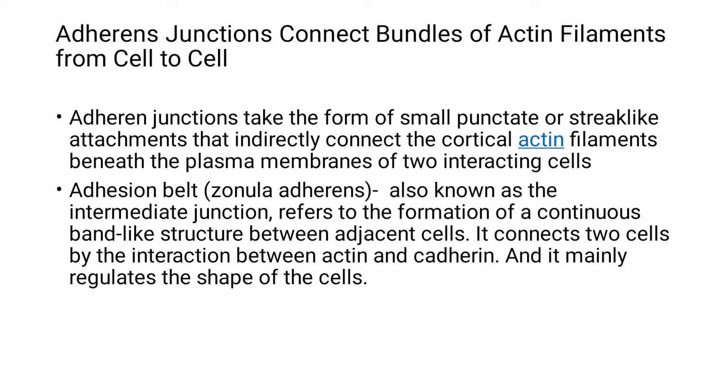In many non-epithelial tissues, they take the form of small punctate or streak-like attachments that indirectly connect the cortical actin filaments beneath the plasma membranes of two interacting cells. But the prototypical examples of adherens junctions occur in epithelia, where they often form a continuous adhesion belt, or the zonula adherens, just below the tight junctions, encircling each of the interacting cells in the sheet.